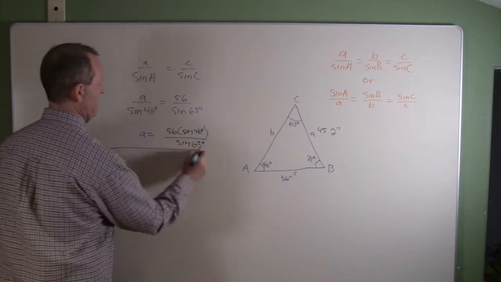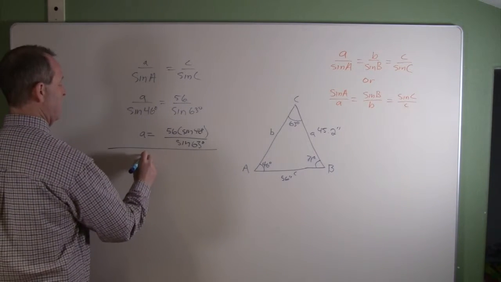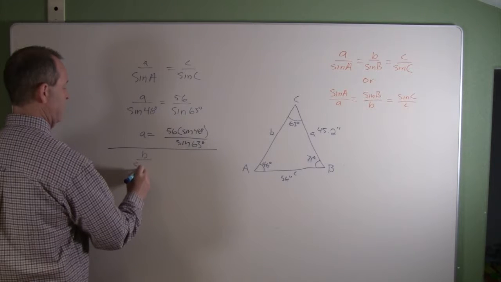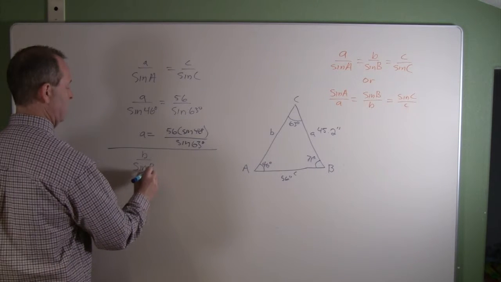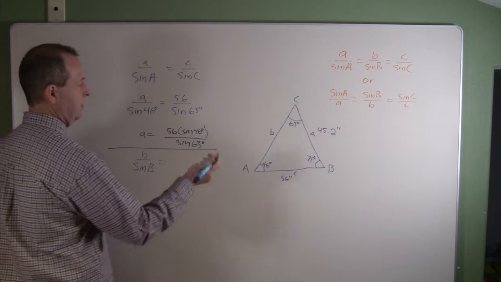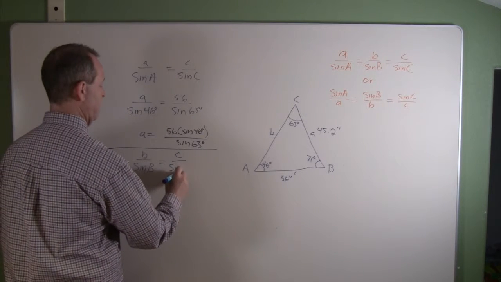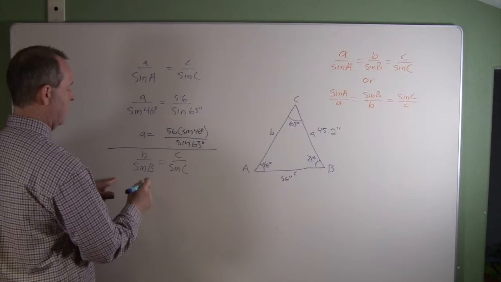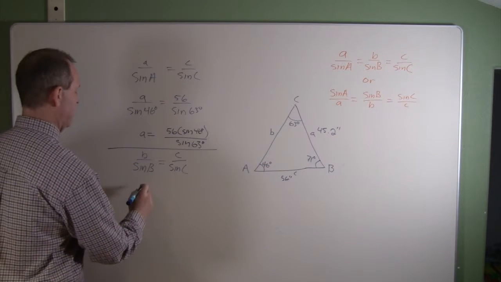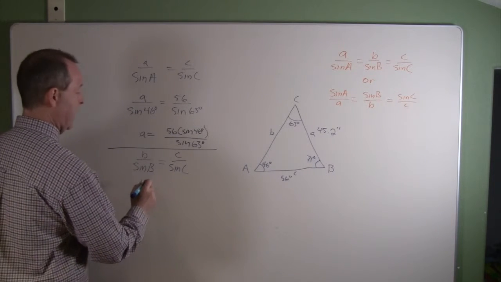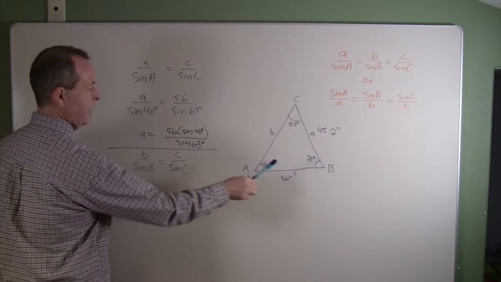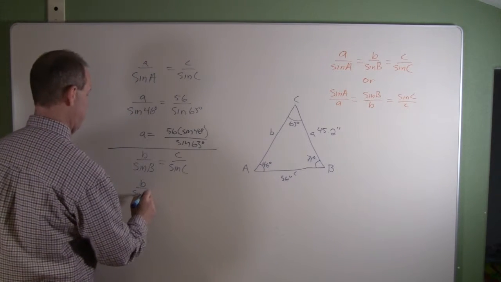So let's take the ratio of the side of B to its angle. And let's do C again, this is fine. C all over sine of C. Oh, sorry, and we know what sine of B is, so let's write it. B over sine of B. B is 71 degrees.